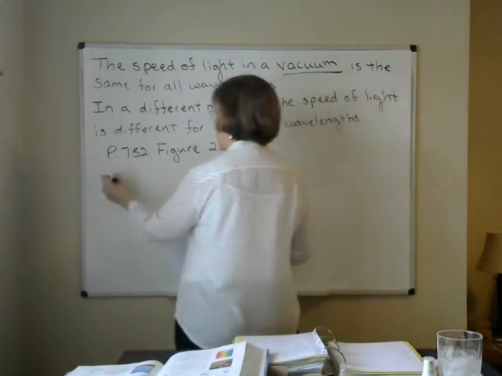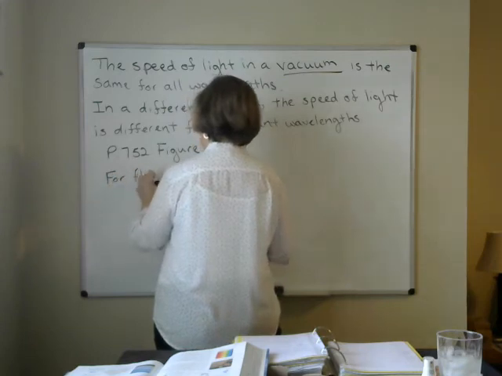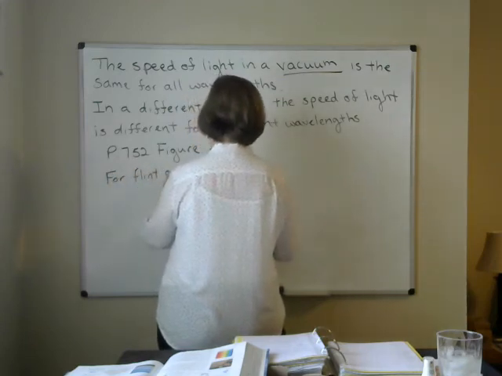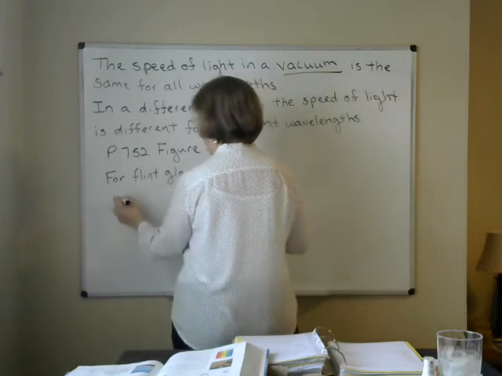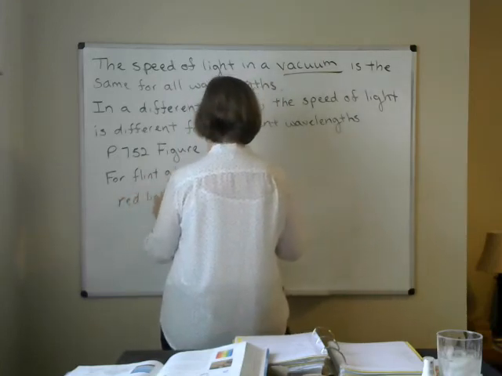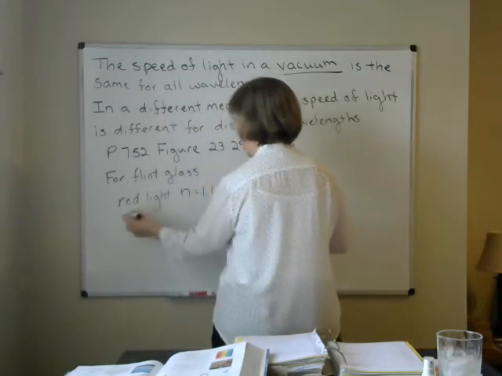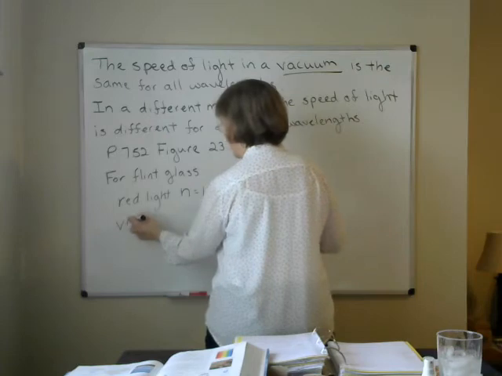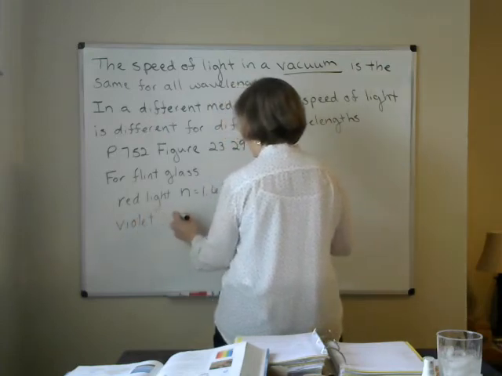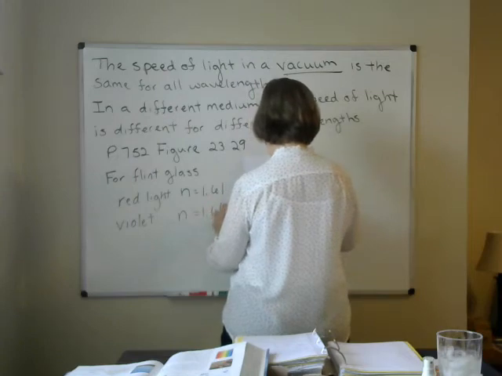For flint glass, red light will be n equals 1.61, but violet will be n equals 1.66.